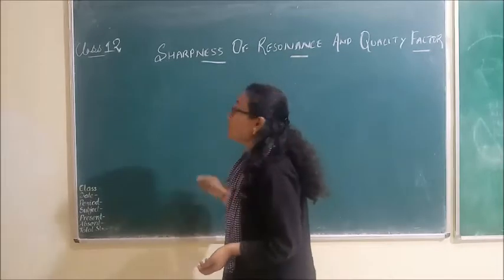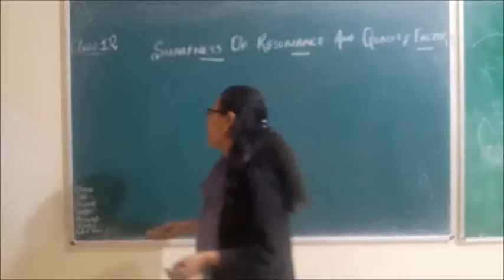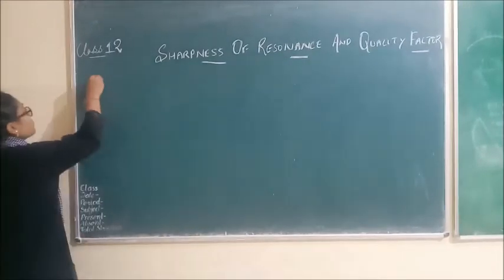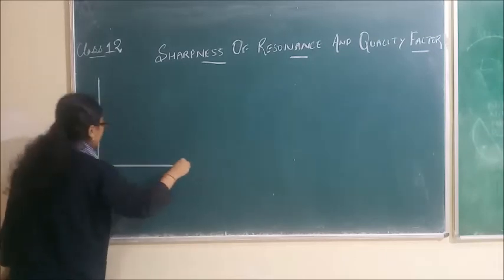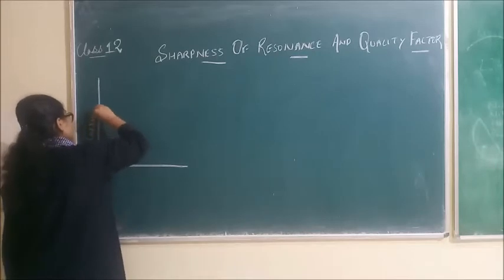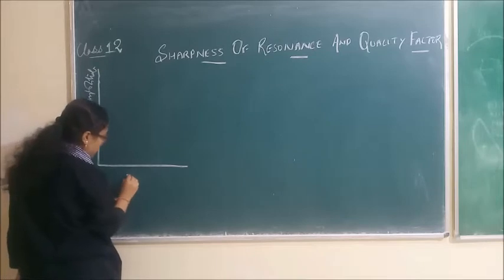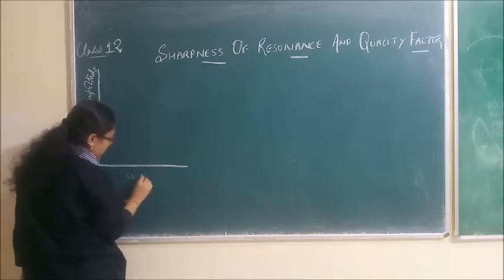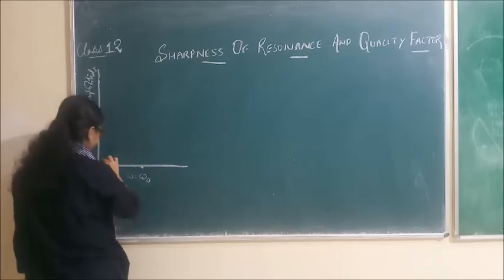Okay, for explaining this and deriving this, I am going to make a diagram. Actually, it's a graph. This is the graph. Through the graph, I am going to explain you once again. Current amplitude, and this is omega equals omega naught.